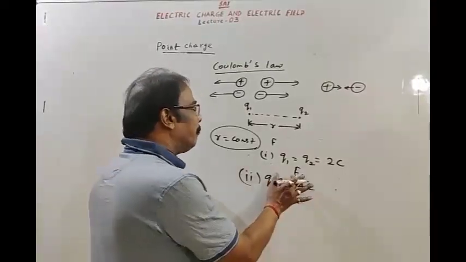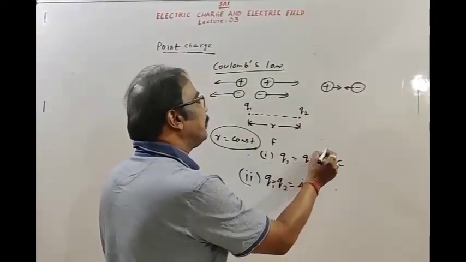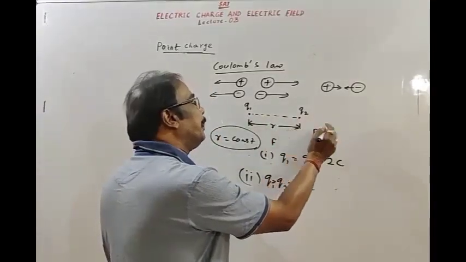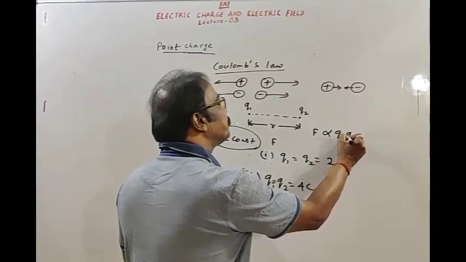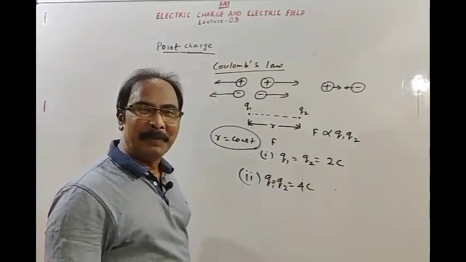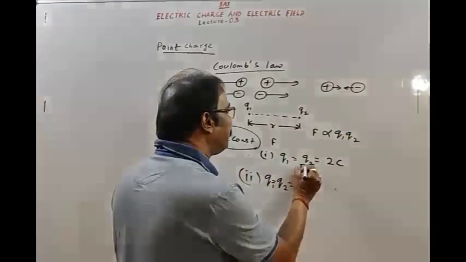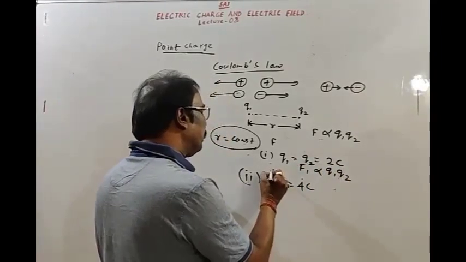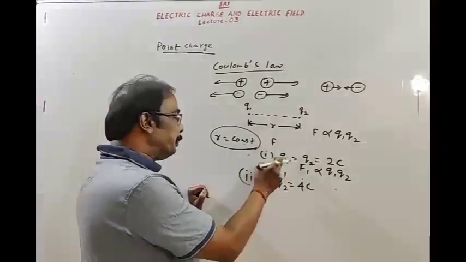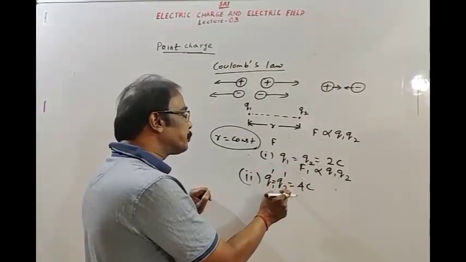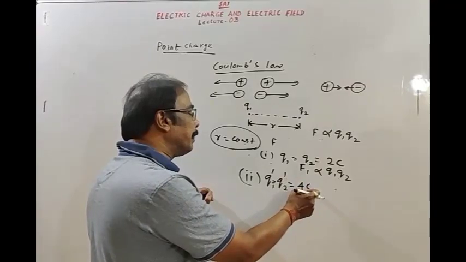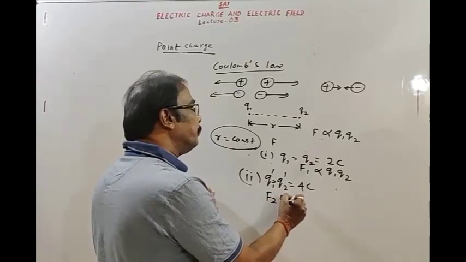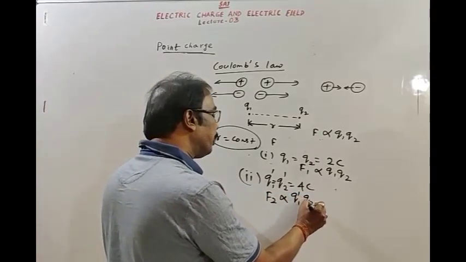From this observation, it is found that the magnitude of force of attraction or repulsion between 2 point charges varies directly as the product of the magnitude of charges. In the first case, let force F1 be proportional to the product of Q1 and Q2. In the second case, let Q1 become Q1 dash and Q2 become Q2 dash, each of magnitude 4 Coulomb. Then F2 becomes proportional to Q1 dash and Q2 dash.